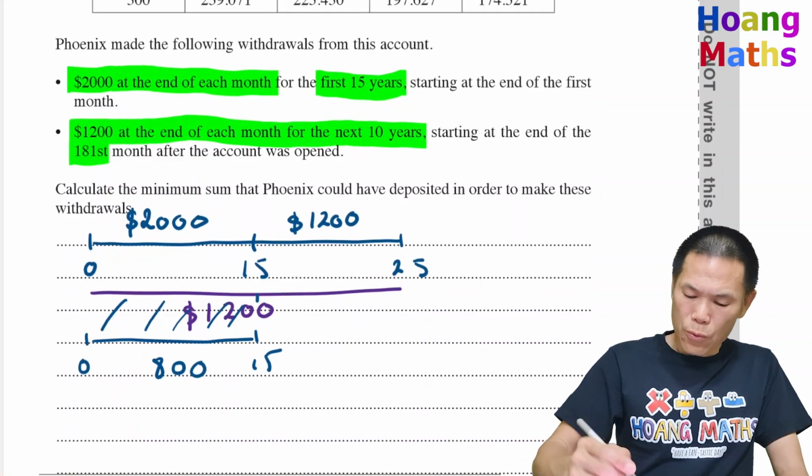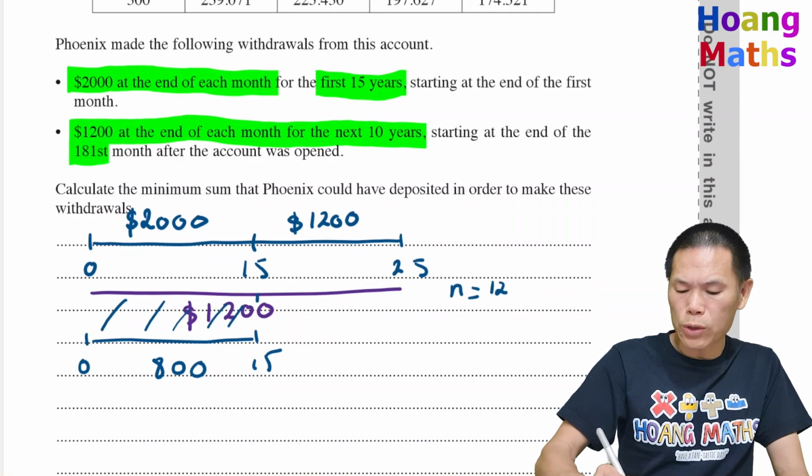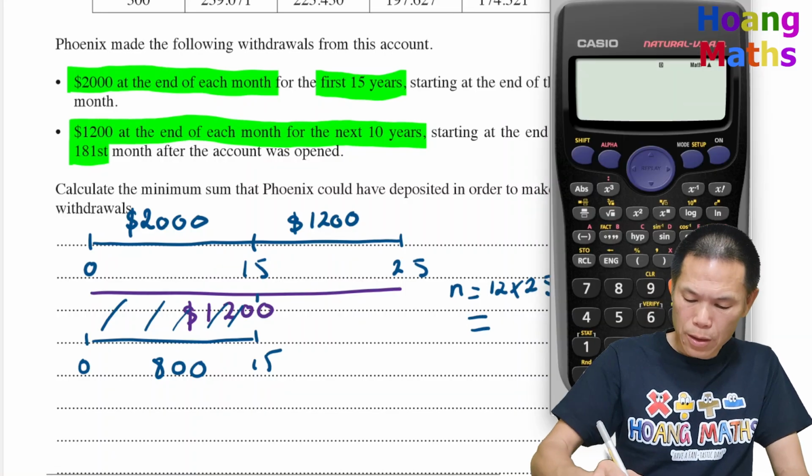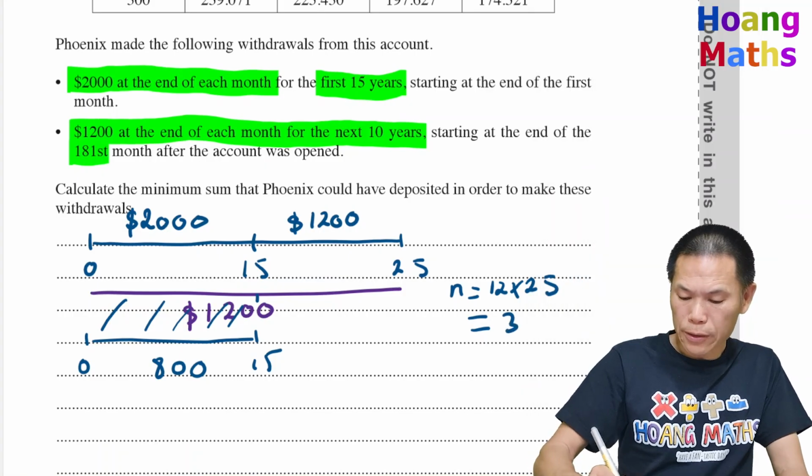Now we know that for 25 years, N is 12 times 25. That gives 300.